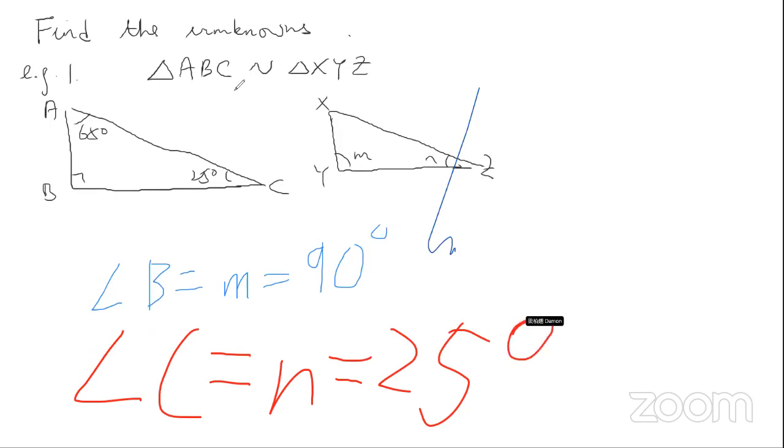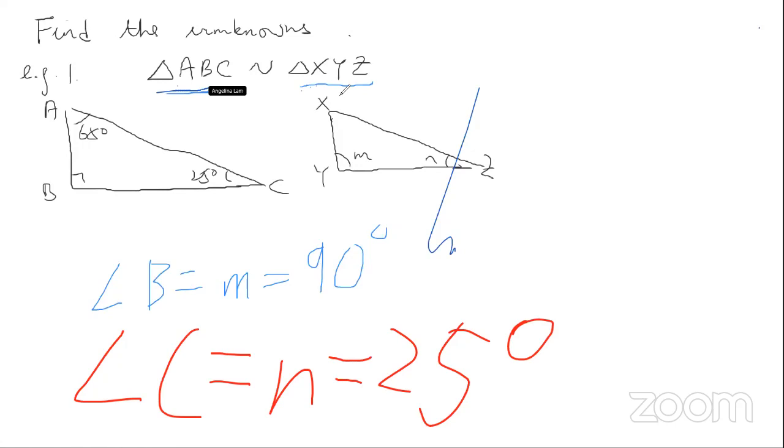Now, usually if you're given the information like that, A, B, C, and X, Y, Z, we have given you the information in a sequence.